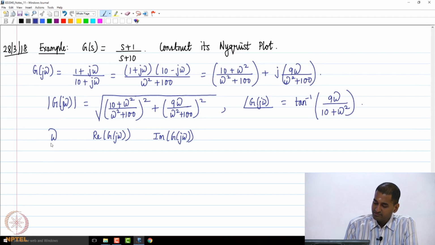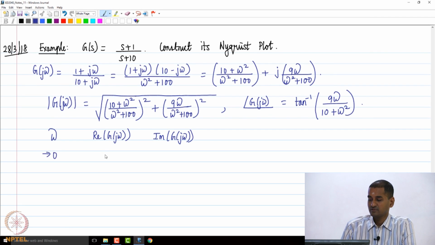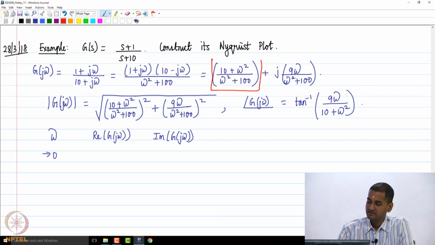Now if I have omega tending to 0, what will happen? What do you think will be the real part and the imaginary part? Please note, the real part is this. What will happen to the real part as omega tends to 0? 0.1, right?